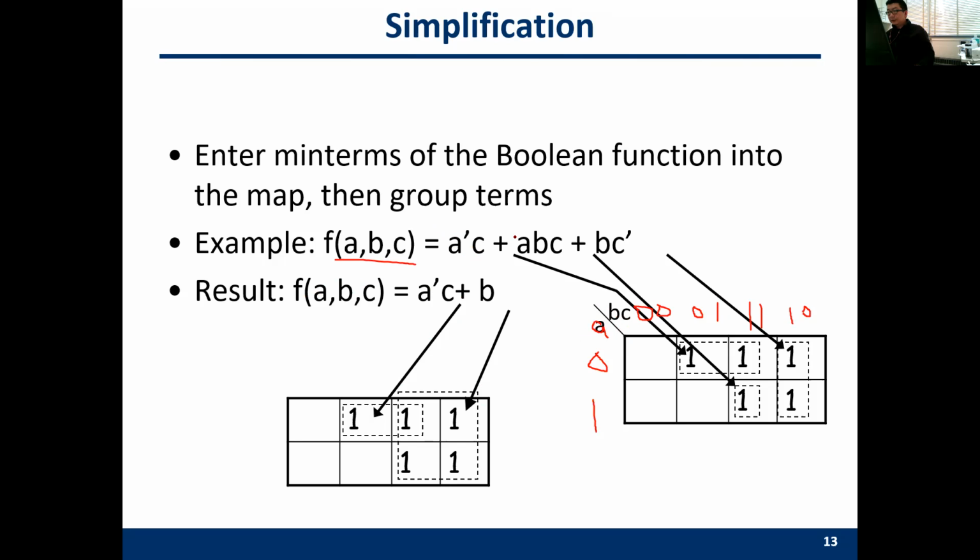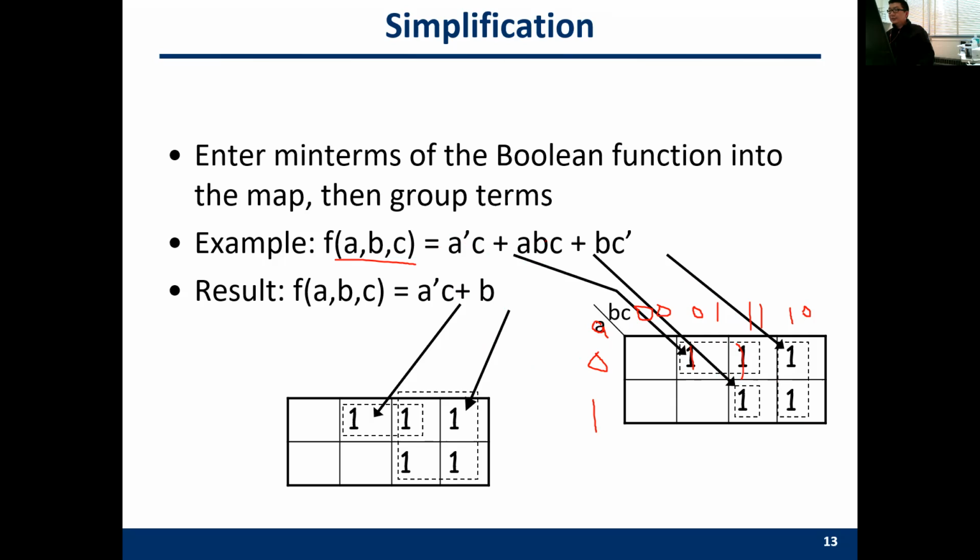For the first term, because we have an A bar here, A is 0. C is 1. For C is 1, we actually have 2 boxes, this box and this box. So I write 2 1s here.